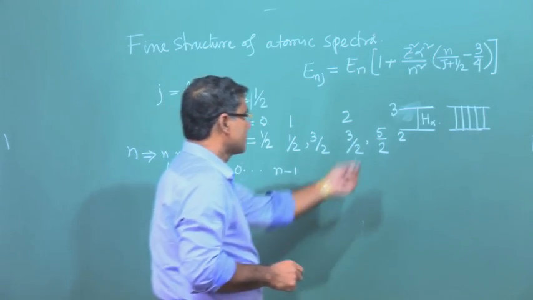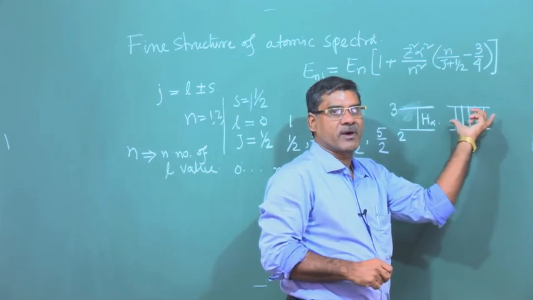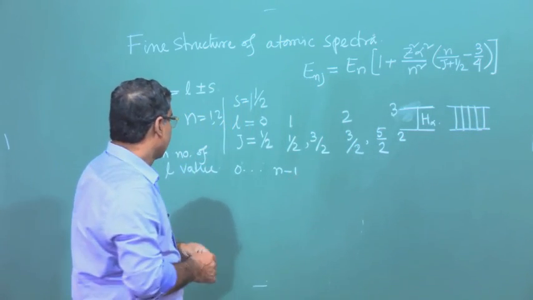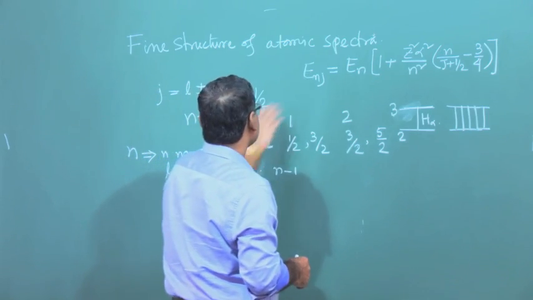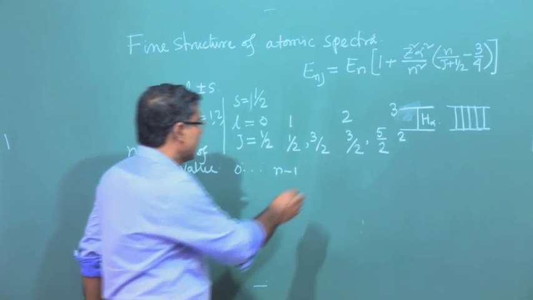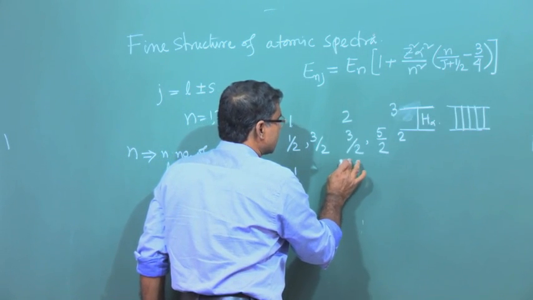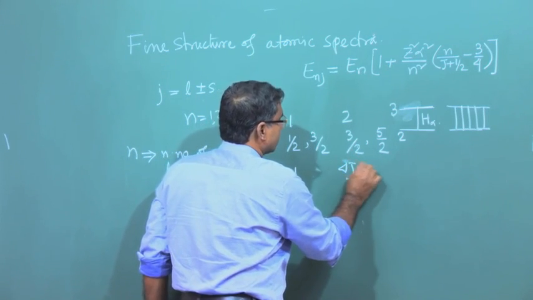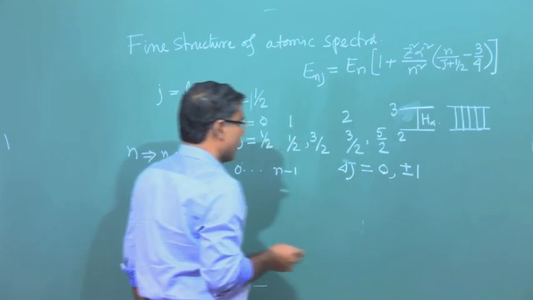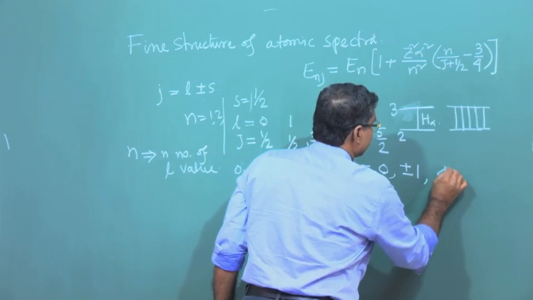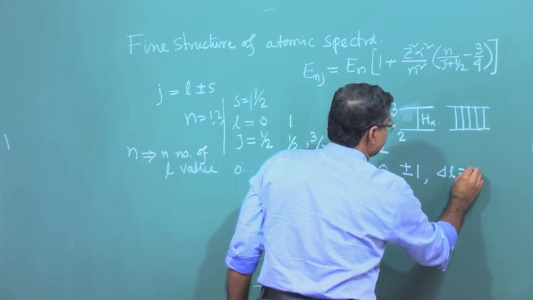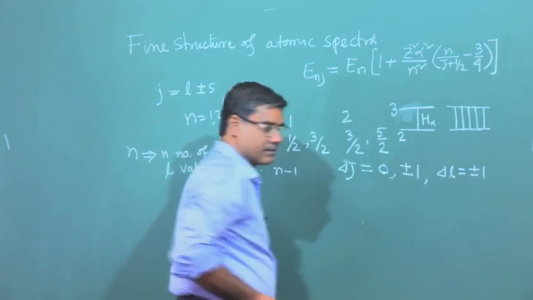That is, this H alpha line is composed of 5 lines, from the transitions considering this energy expression which depends on J, and the selection rule: delta J equal to 0, plus minus 1, right, and delta L equal to plus minus 1, which is the other selection rule, though here we do not need it.